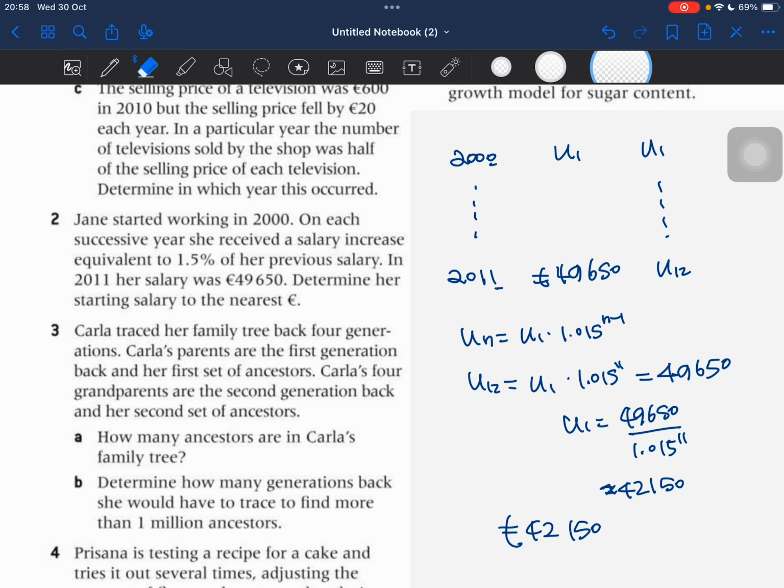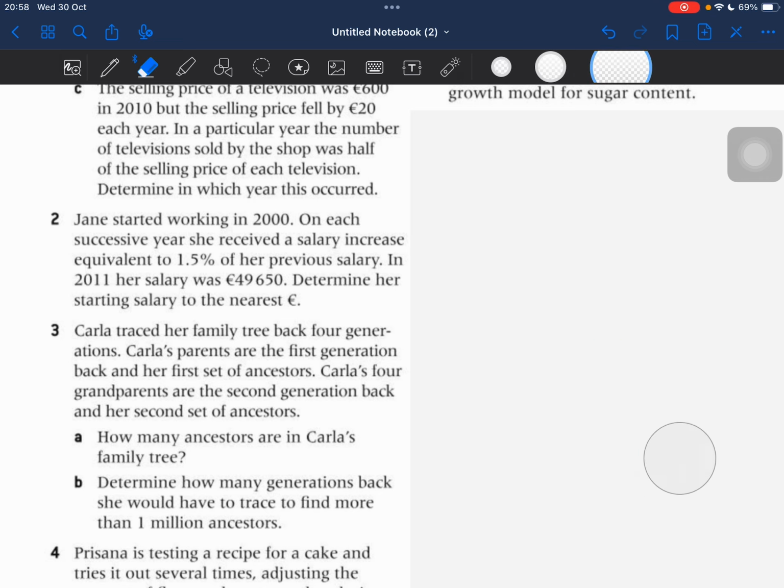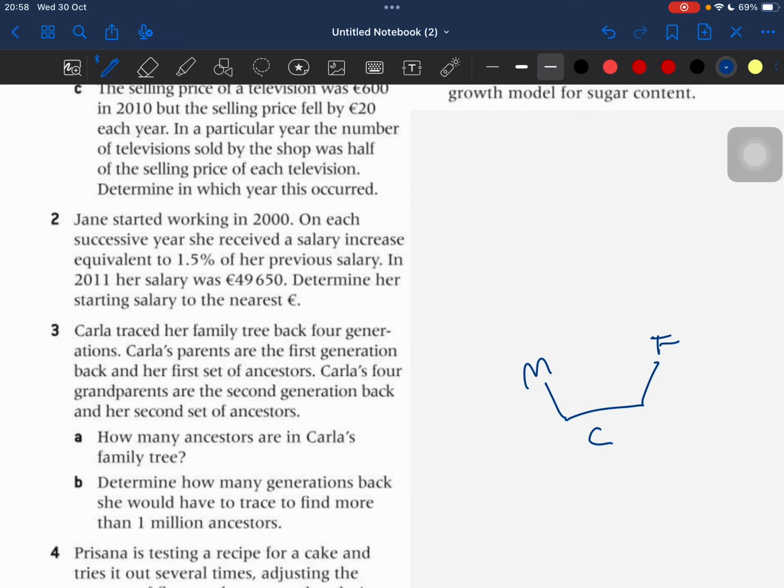And number 3. Carla traced her family tree back 4 generations. Carla's parents are the first generation back, so Carla is here. So mother and father. This is the first generation. And the second generation is mother, father, and so on, which is twice.